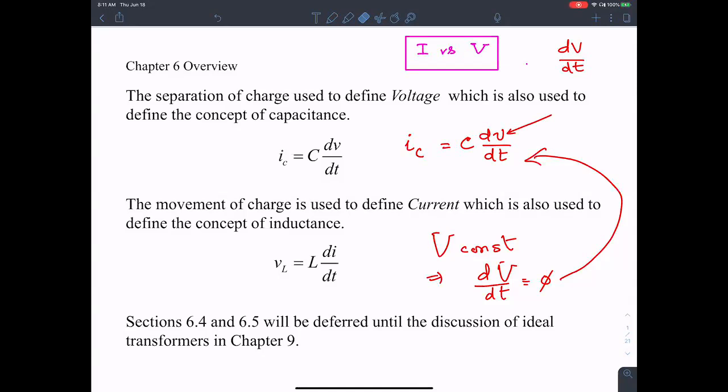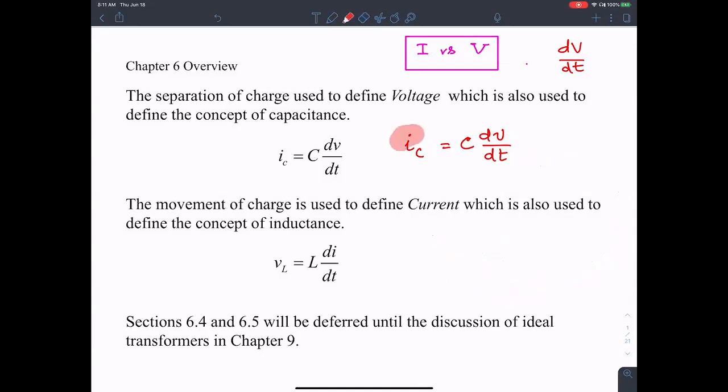So the idea of IV characteristics: the current across a capacitance, or the displacement current to be accurate, changes in response to the derivative of the voltage applied across it.